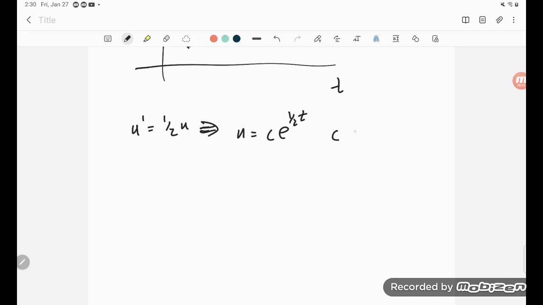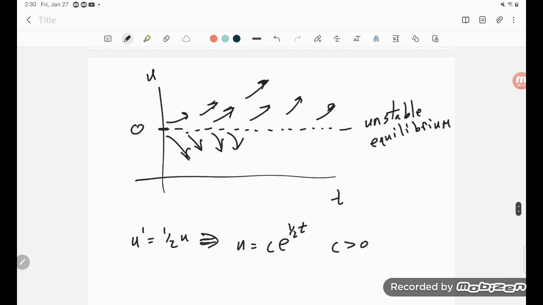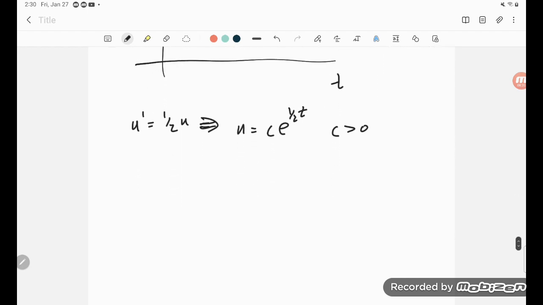And if c is greater than 0, so in other words, if I am up here somewhere, so that I've got that positive value of c, then I know this function does indeed grow off to infinity like that.